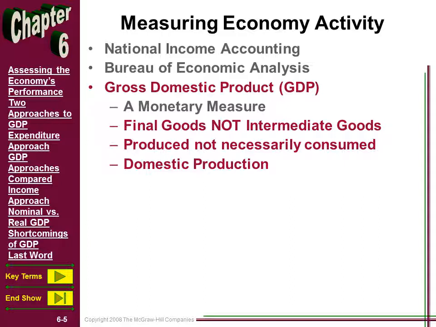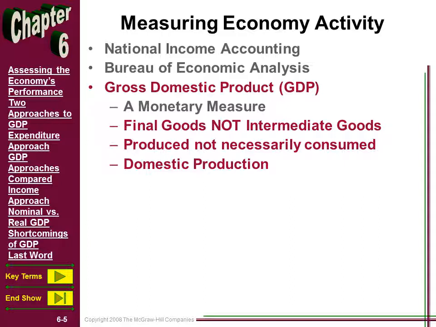In other words, we don't want to add in the cost of the tires and the transmission and the engine and the stereo system and the GPS, because that's already in the 28,500 number. If we added intermediate goods, we'd be guilty of what's called multiple counting. So we say it's a monetary measure of only final goods produced in the United States. Now, of course, goods and services, but when we measure services, we don't have this problem of intermediate goods. So it's a monetary measure of final goods produced in the nation.